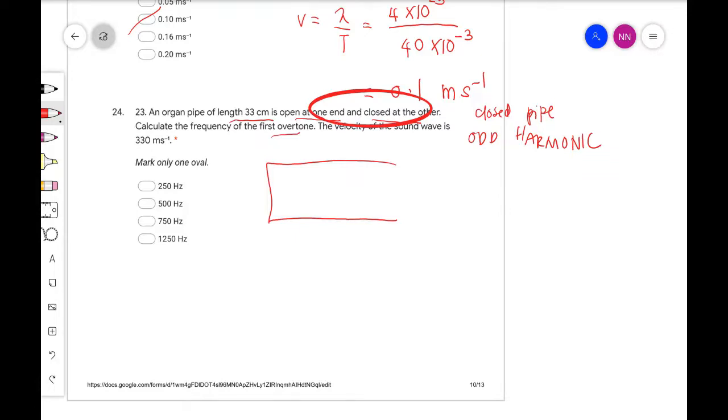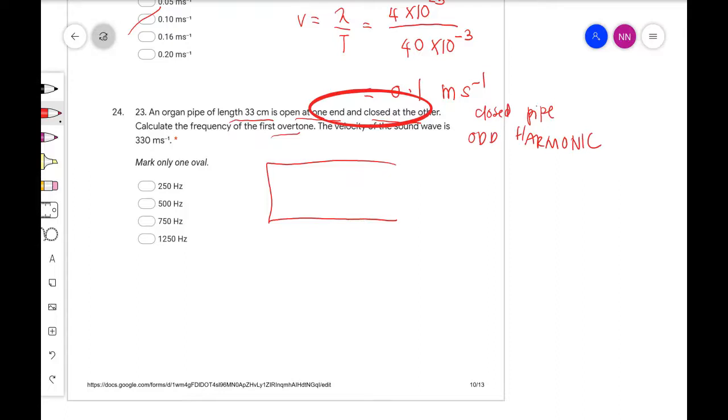And then you can calculate the frequency of the first overtone by using the formula V equals f lambda. Lambda equals 4L over 3. Substitute V, 330. f is the unknown that you have to find.